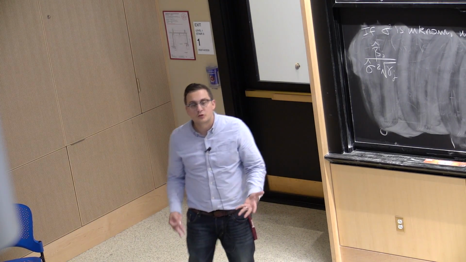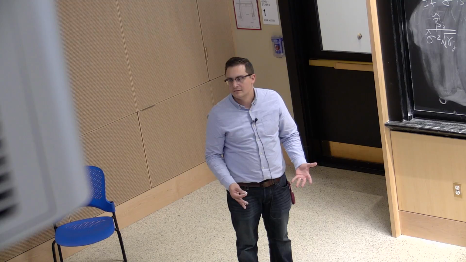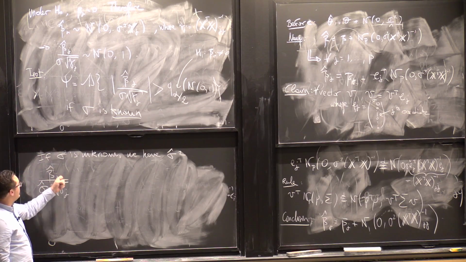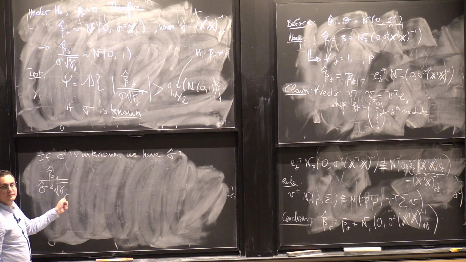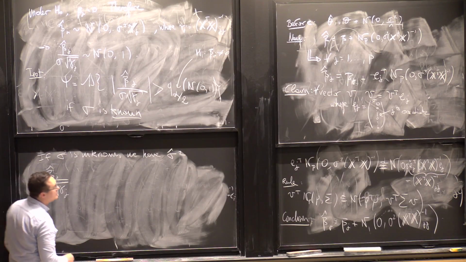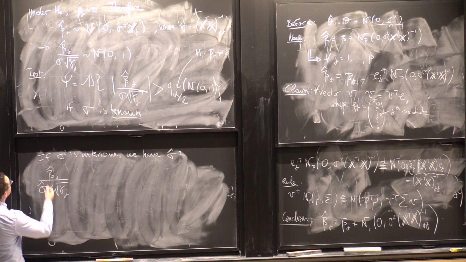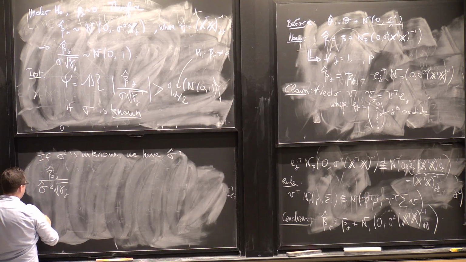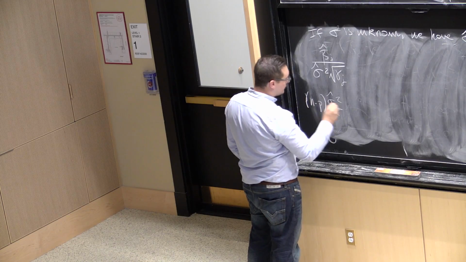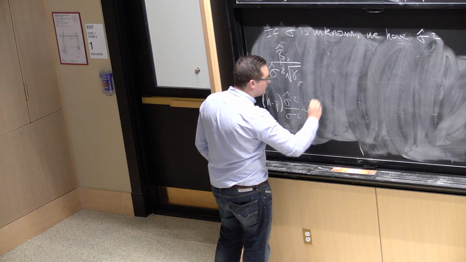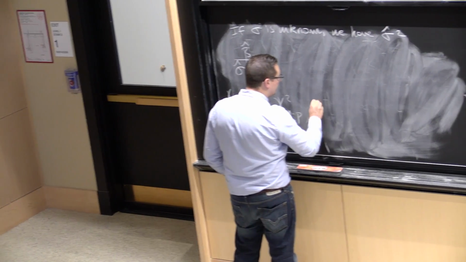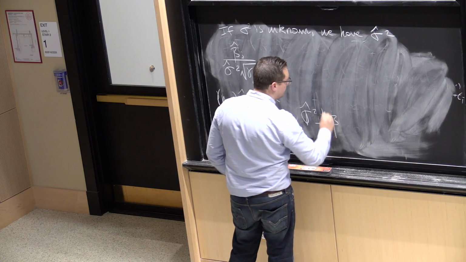What I need to do is to be able to compute the distribution of this thing. So I know the distribution of beta hat j over square root of gamma j. That's some Gaussian 0, 1. I don't know exactly what the distribution of sigma hat squared is, but what I know, which was actually written maybe here, is that n minus p times sigma hat squared over sigma squared follows some chi squared with n minus p degrees of freedom, and that it's actually independent of beta hat.